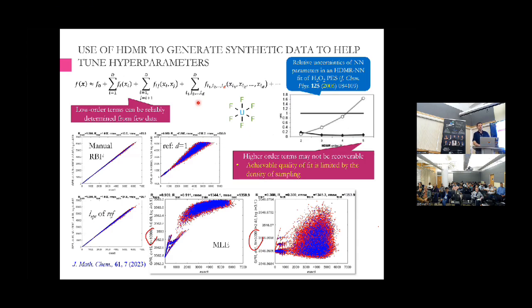Another huge advantage of this kind of expansion is when your density of data is sparse, and the density of data is always low in sufficiently high dimensional settings. You will not be able to recover the full dimensional function. Already 20 years ago, also in the realm of molecular potential energy surfaces, we showed that the density of sampling ultimately limits the order of terms, the dimensionality of terms, that is recoverable.